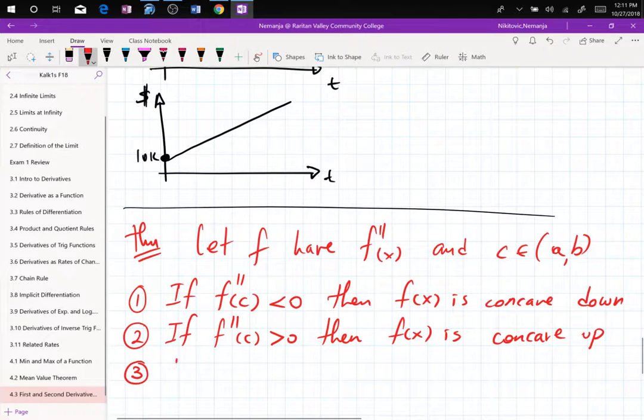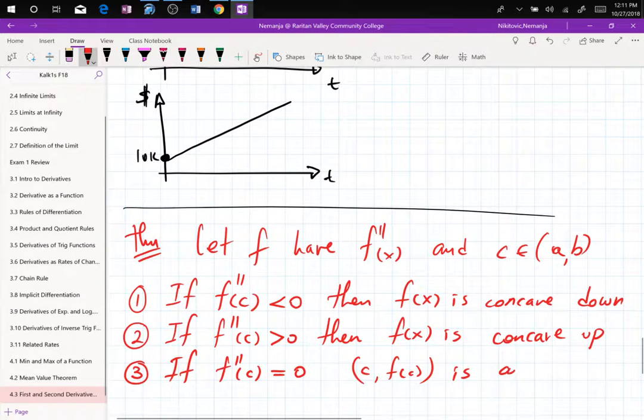Number 3, if f double prime of c is equal to 0, f of c is an inflection point.